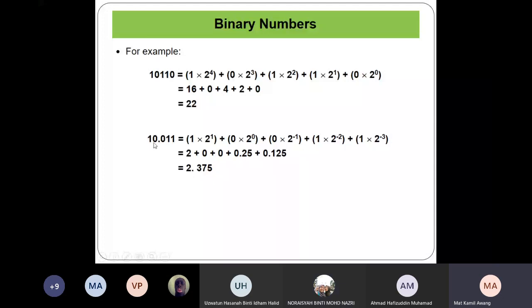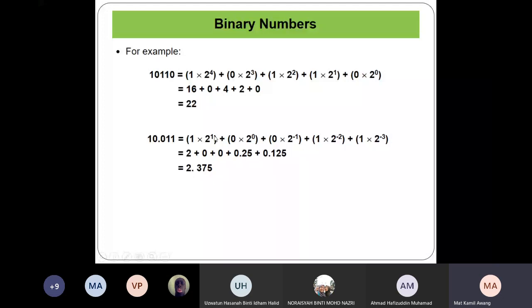You have 2 digits to the left and 3 to the right. For the ones to the left, you start from this 0: 0 times 2 to the power of 0, and this one is 1 times 2 to the power of 1.